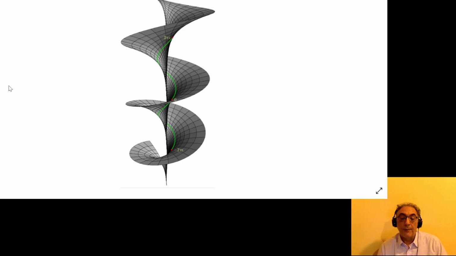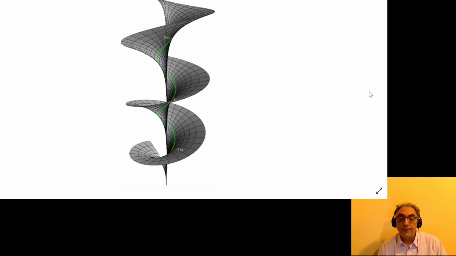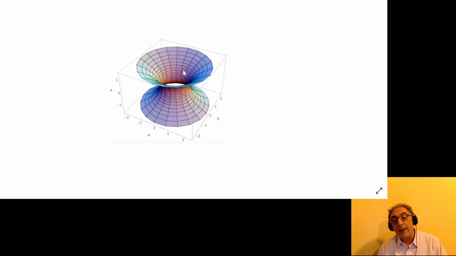So the question is how we go from the catenoid to the helicoid. The issue is that the catenoid, because of the hole it bears in the middle, is non-simply connected. So it is topologically non-simply connected.